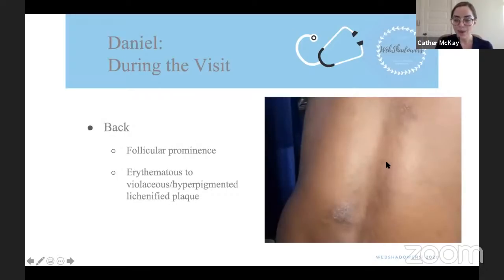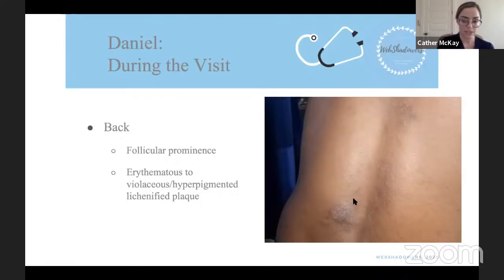And then getting to his back, this is called follicular prominence. So if you felt that, it would feel bumpy. Each little follicle is just prominent, and it gives the bumpy appearance.